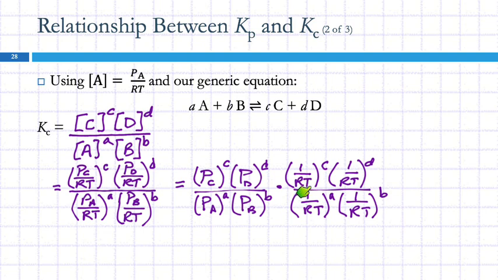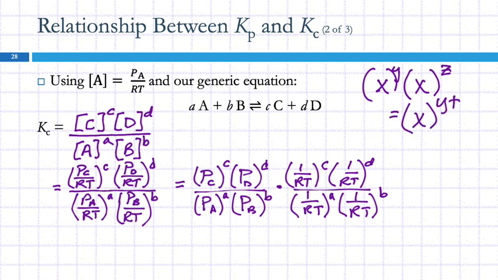If we multiply something, let's do it this way. If I have x to the y times x to the z, that is equal to x to the y plus z. That's what the math people tell me.